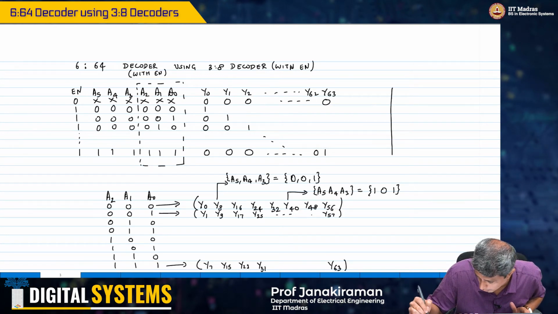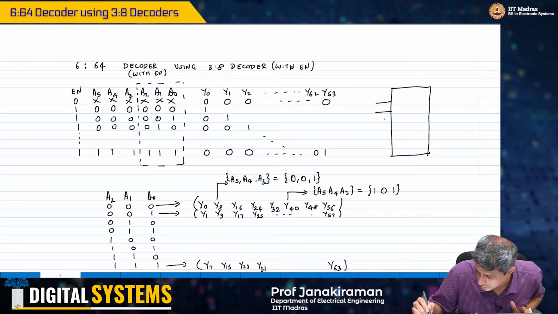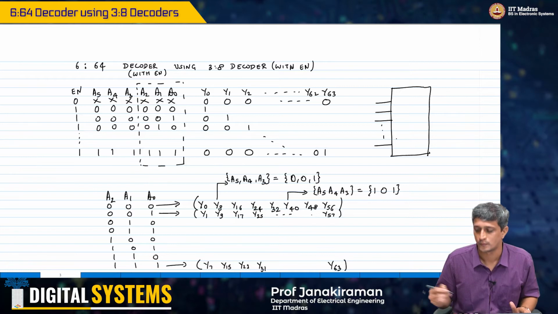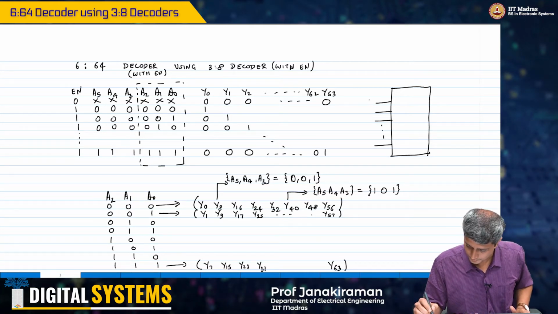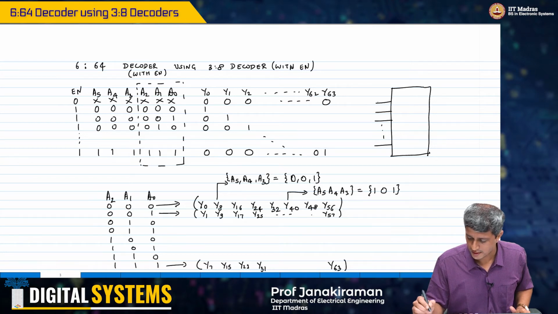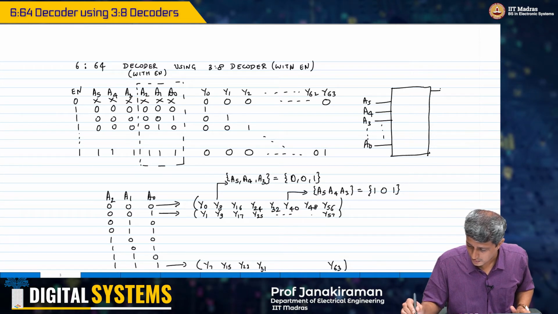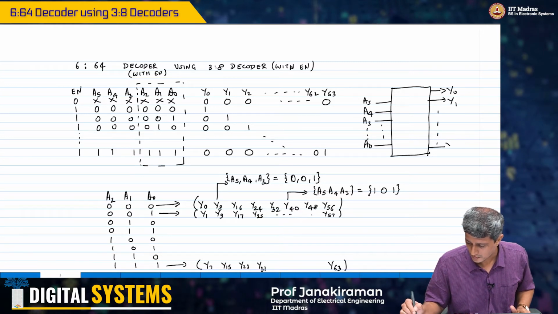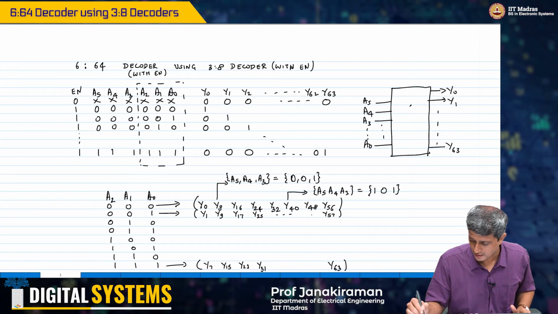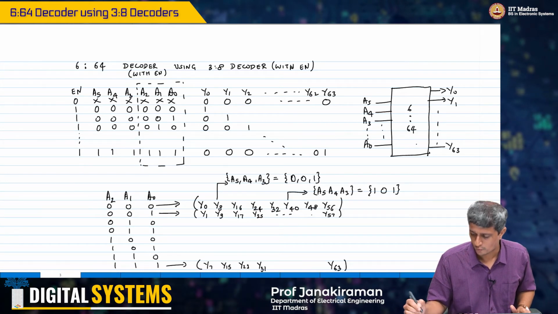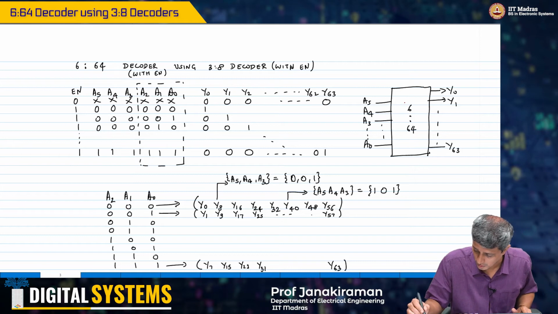So we are talking about a block which is now like this. 6:64, right? So therefore I will have A5, A4, A3, all the way to A0, Y0, Y1, Y63. Okay, this is my 6:64 decoder block that I am talking about.